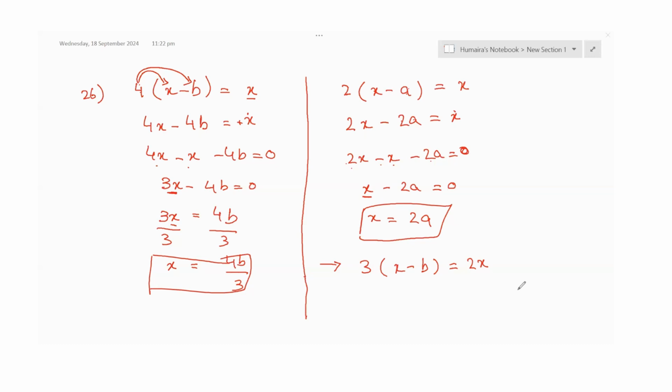Okay, 6. 1, 2, 3. We're going to have 4x minus 3b. 4x equals 3b. So x equals 3b over 4. Oh no, 3b over 5. Yeah, 3b over 4. Okay, I got 3b over 4.